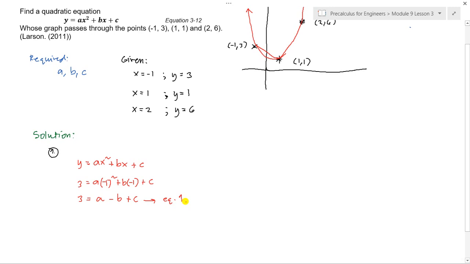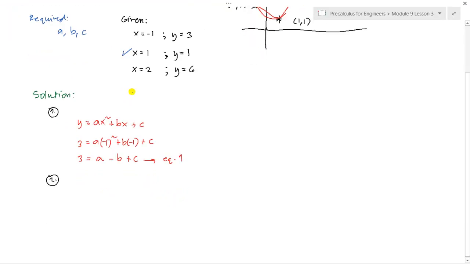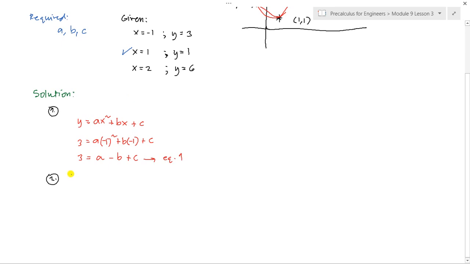So, we now have the first equation. In order to find the second equation, we're going to use the second data, that is at x is equals to 1 and y is equals to 1.